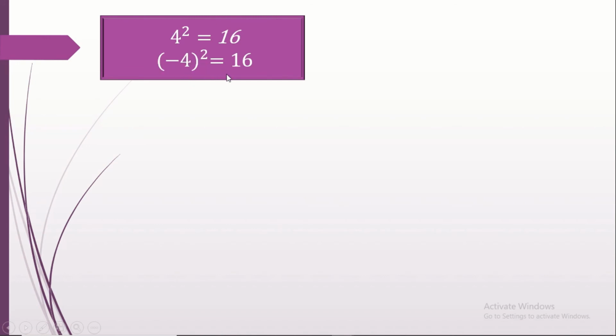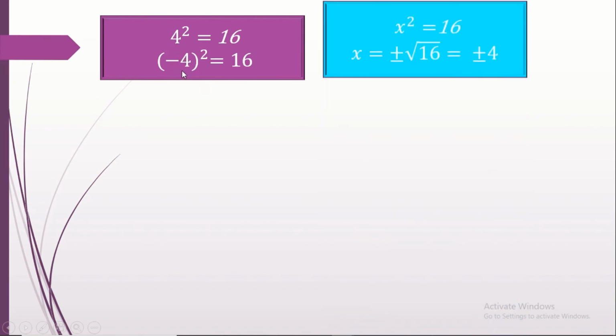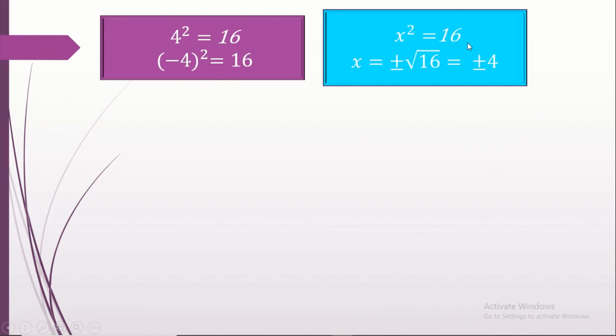Minus 4 squared is 16, so it's a plus 16, which is equal to 16. So we have two values that, squared, give us 16. These two values are plus 4 and also minus 4. So we can say that if x squared equals 16, then x equals plus or minus radical 16, which is plus or minus 4. We should keep in mind the two cases, plus and minus 4, which squared give us 16.